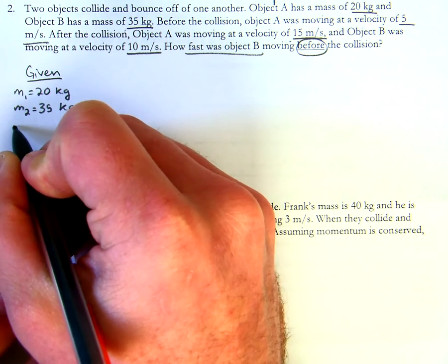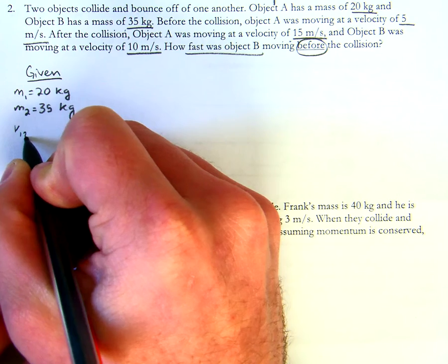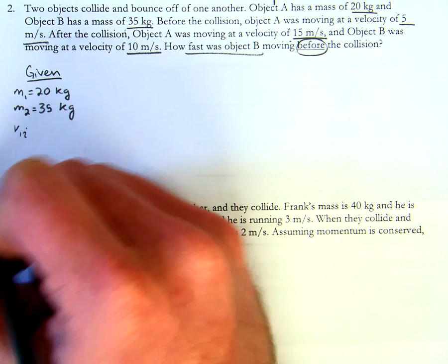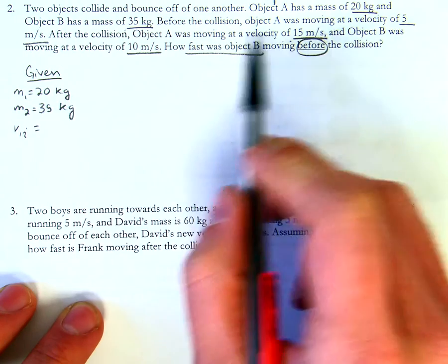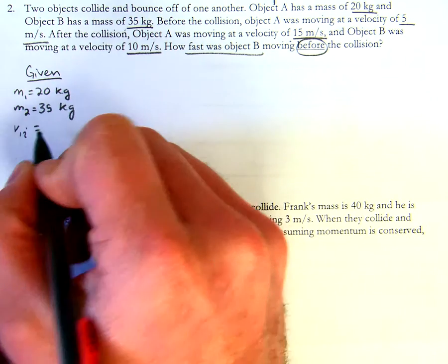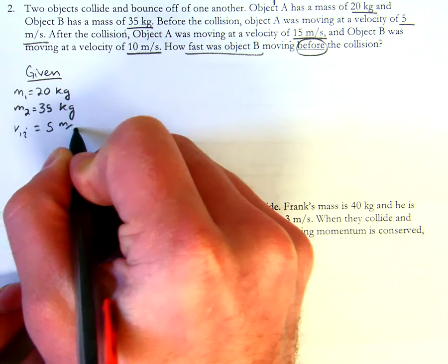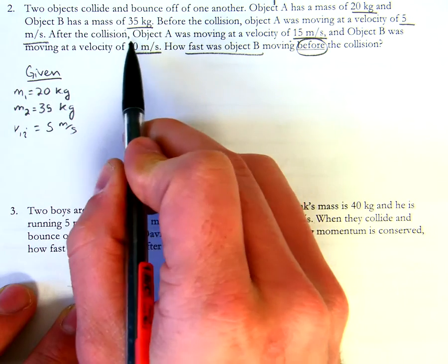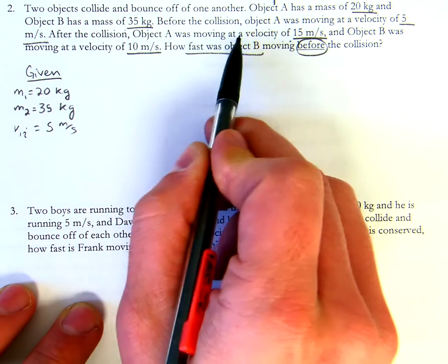My initial velocity of the first one, v1I, gives me 5 meters per second. And now after the collision, object A was moving at a velocity of 15.